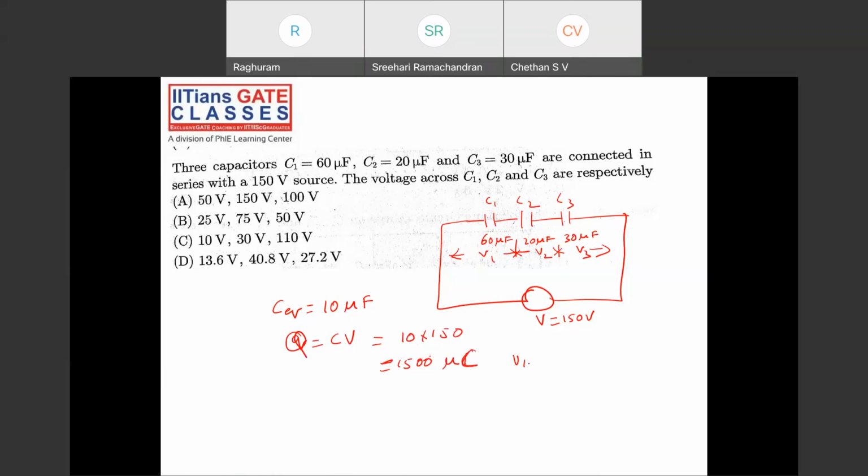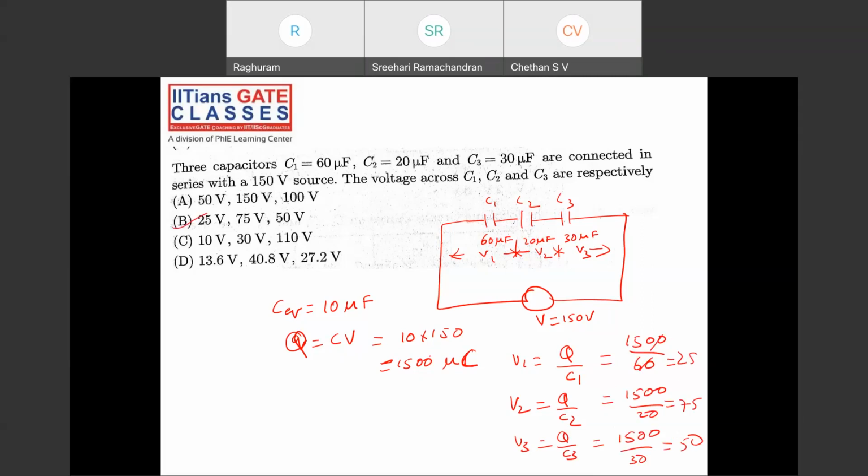So V1 is Q by C1, V2 is Q by C2, V3 is Q by C3. 1500 by 60, 1500 by 20, 1500 by 30. So how much is this? 25, 75, 50. Option B is the answer. Okay, got it?